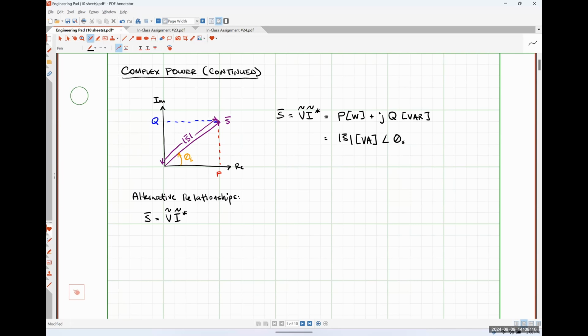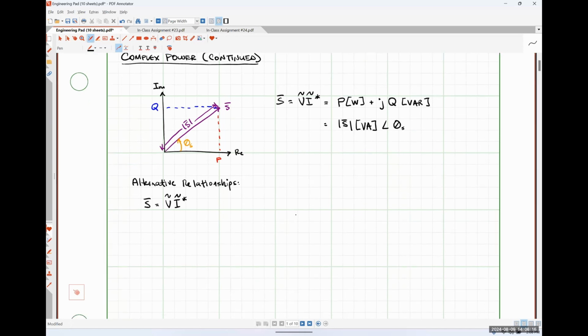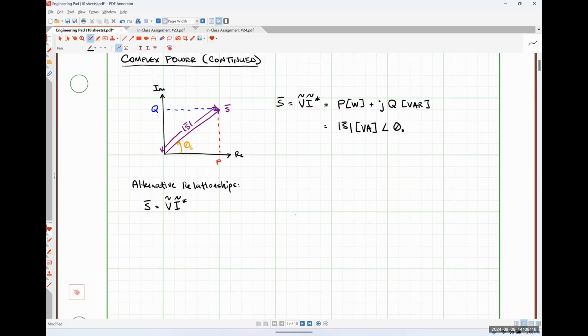Is it phasor V equals phasor I and impedance? Exactly right. So in the frequency domain, we have the relationship V is equal to I times Z, right?